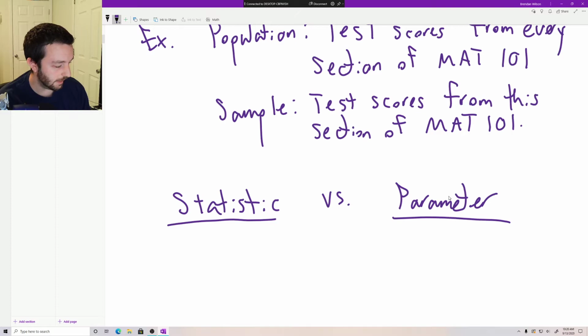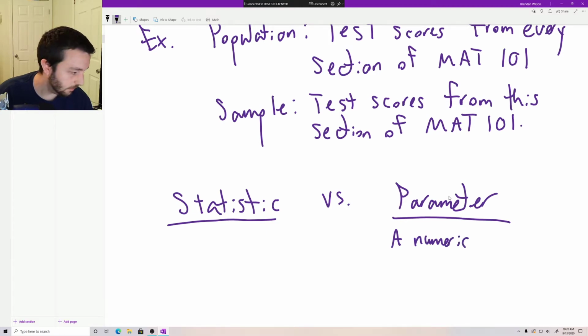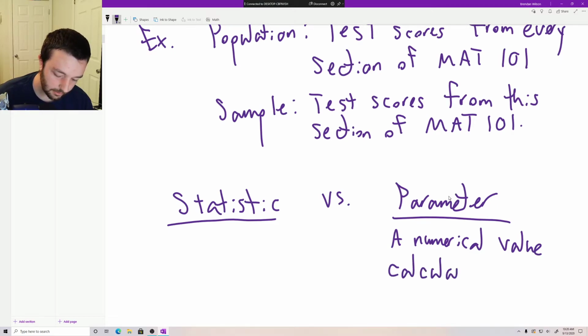Again, let me find the exact wording here because it is important. Yeah. Okay. So these are both numerical values. This is just a numerical value calculated from a population.